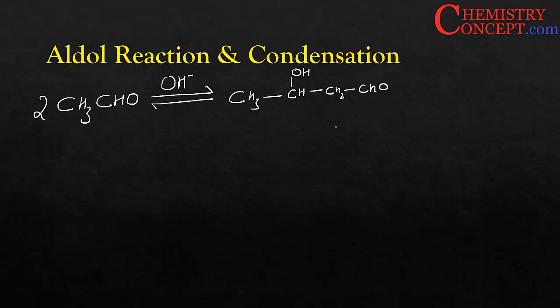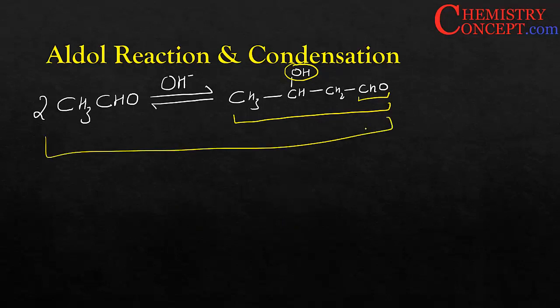How I made it, what the steps are, how we can do it ourselves, I'll let you know all those things. But first, let me introduce this reaction to you. This product formed is called aldol, obviously because it has aldehyde and alcohol. Till this step, this is called aldol reaction.